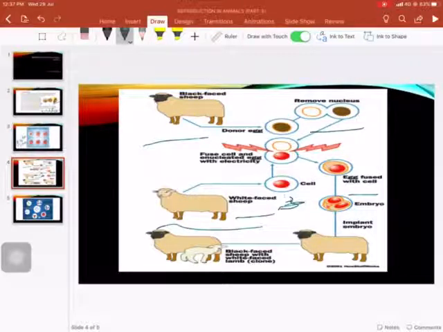Now this is fused. Now the egg has the nucleus of the cell. Now the embryo is formed when the fusion occurs, and then this embryo is implanted in the black sheep's uterus.